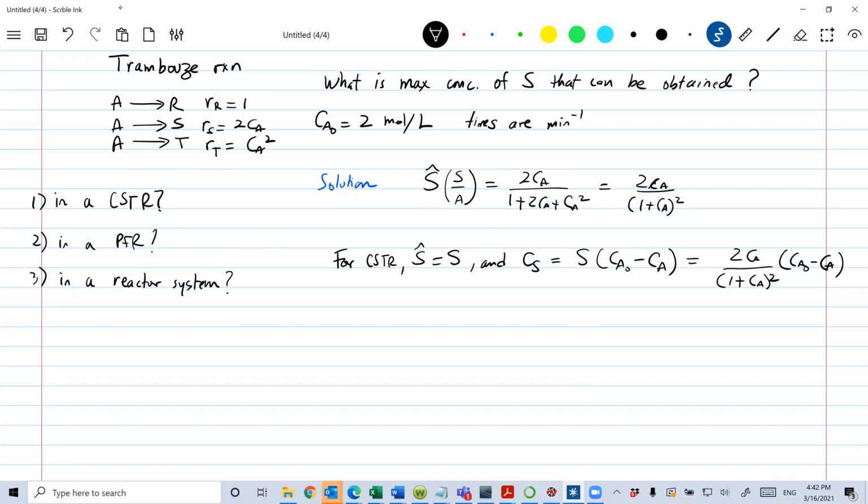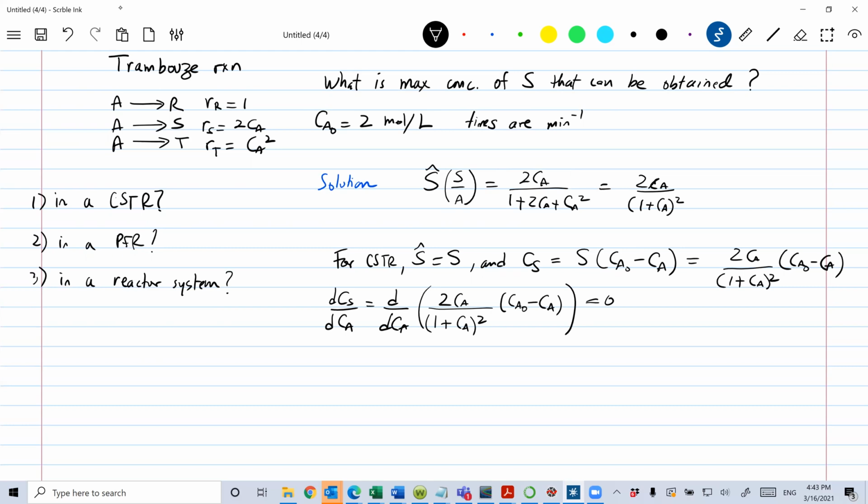So the question is asking you, what is the maximum concentration that you can obtain? So you have to do dCs/dCa. So it's taking the derivative of that function, equals to 0.